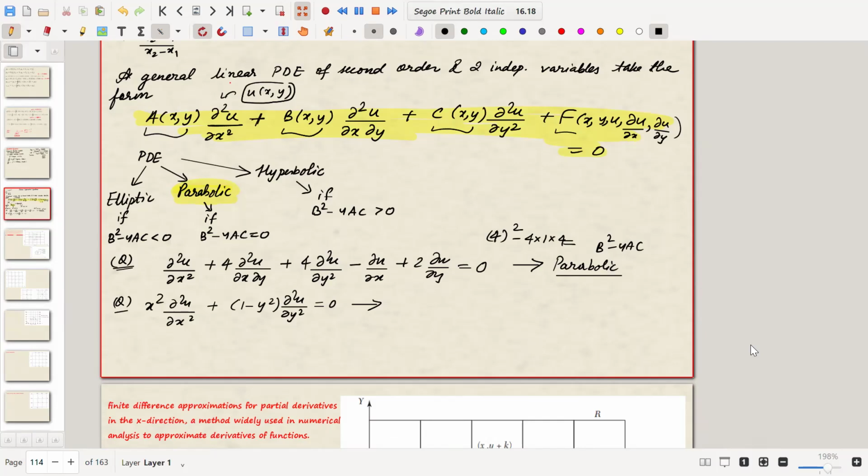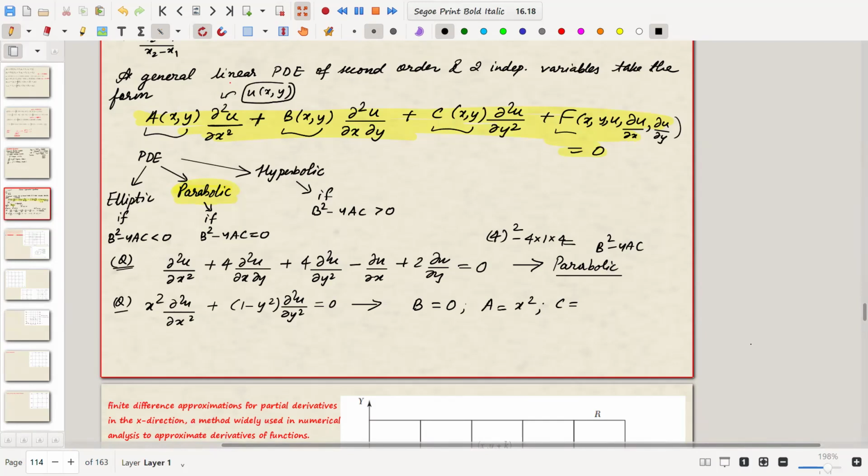What is b here? b is 0. a is x square. c is 1 minus y square. Is it? So b square minus 4ac is minus 4 x square into 1 minus y square.